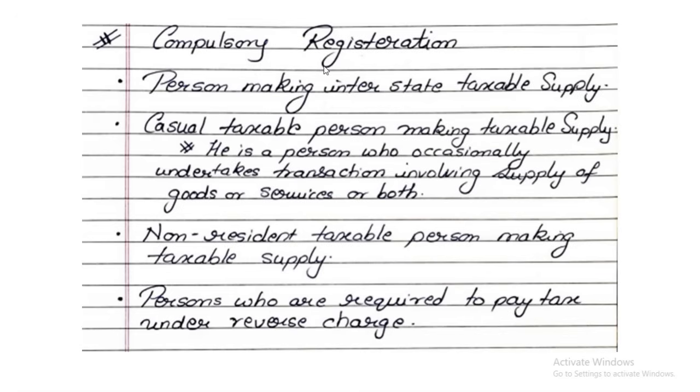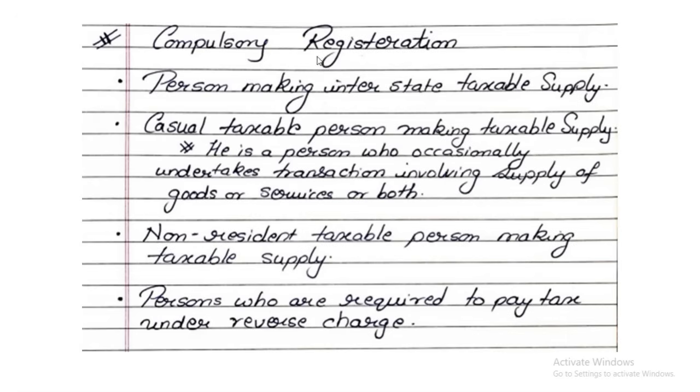If you are a casual taxable person who sells taxable goods, you have to register compulsorily. Third, a non-resident taxable person making taxable supply. If an NRI makes a taxable supply, he has to register. And fourth, persons who are required to pay tax under reverse charge. Those who are liable under reverse charge have to compulsorily register under GST, no matter what the value of supply of goods or the aggregate turnover is.